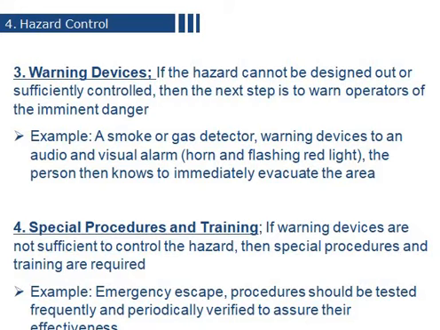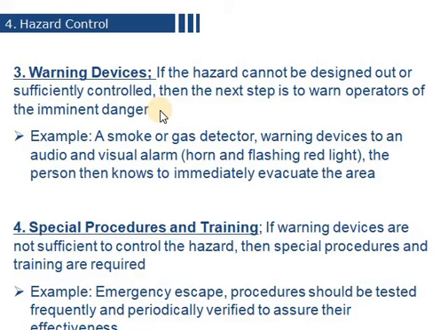Now, if we were not able to do the preceding steps, at least we should warn operators of the imminent danger. You have to tell the workers that there is a danger approaching.